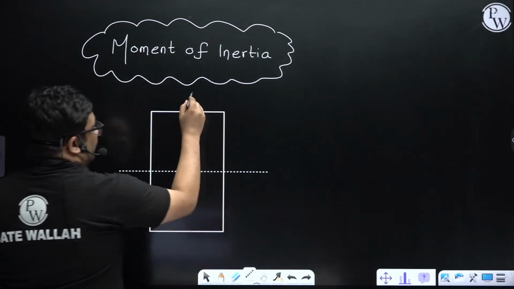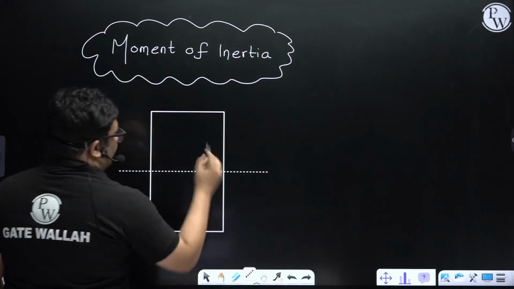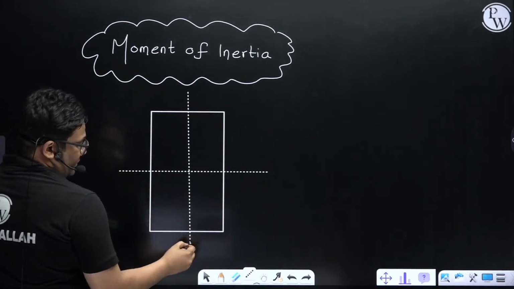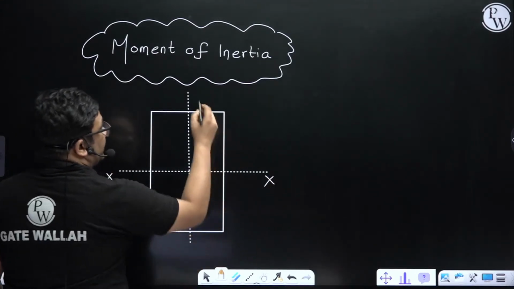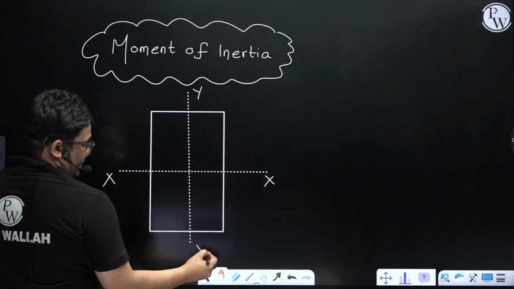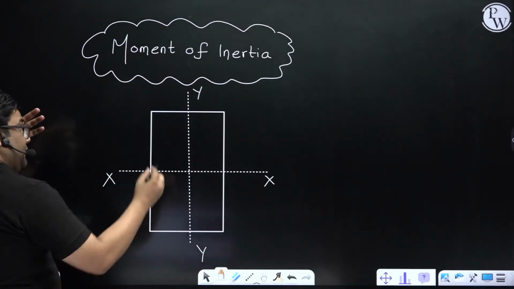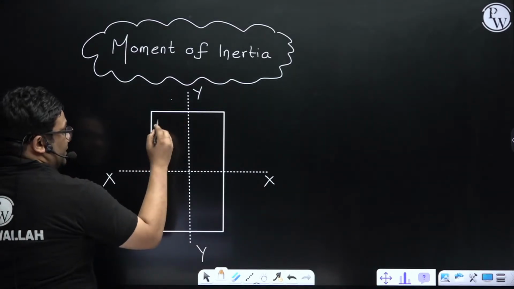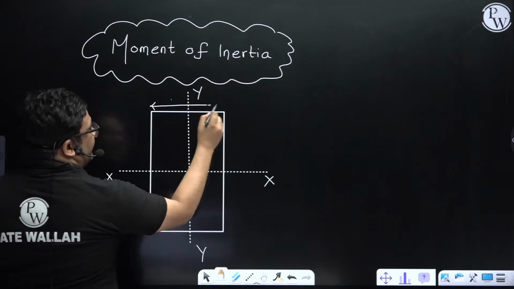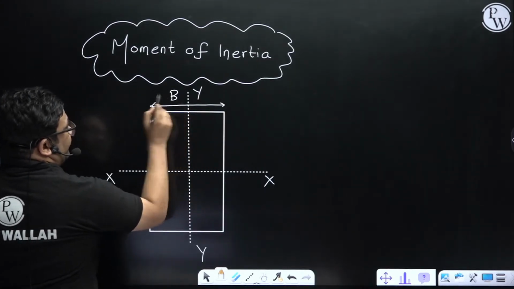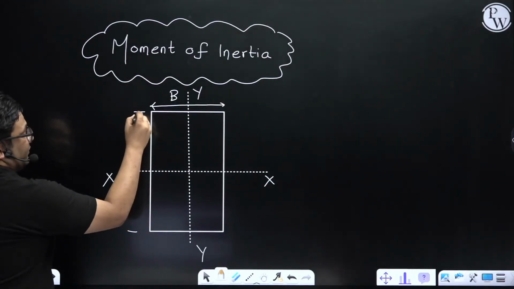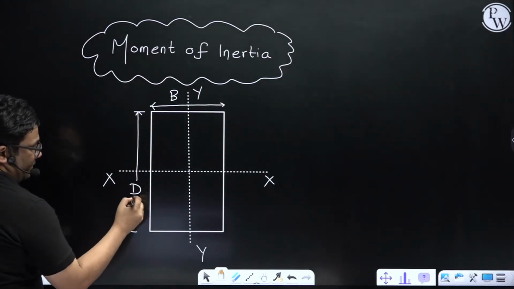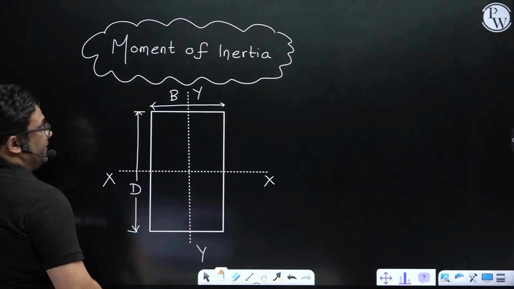I can name this the x-x axis and this the y-y axis. Suppose this is the width b, and this is the depth d.